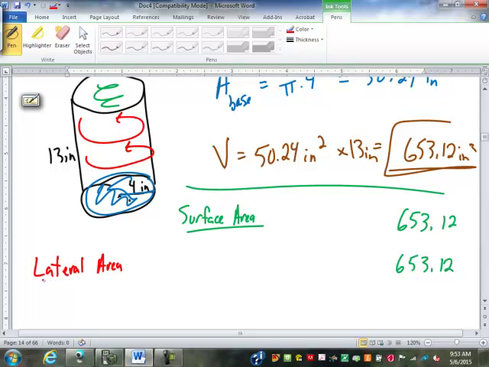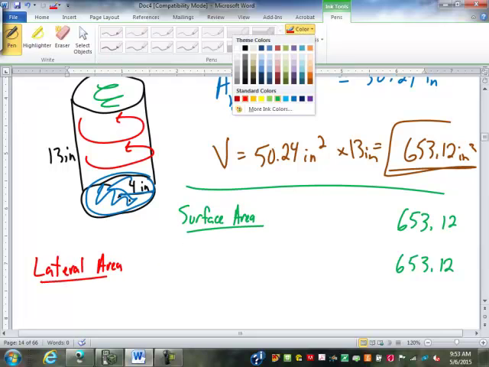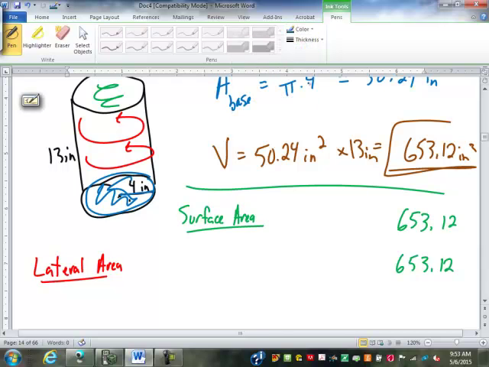To find the lateral area, we need to know two things. The first of those is the perimeter of the base. Since the base is a circle, the perimeter of the base is just the circumference. So that'd be pi times diameter, so pi times 8, otherwise known as 25.12 inches.